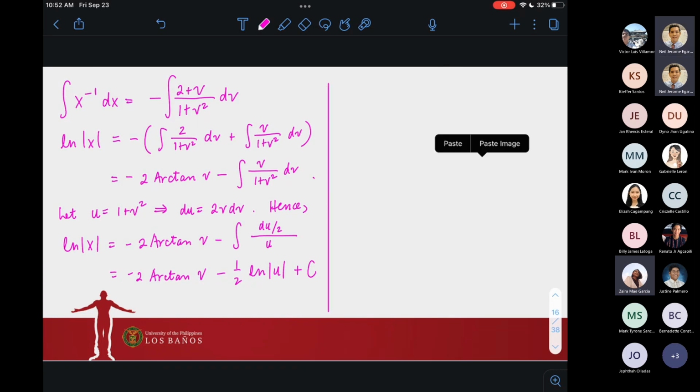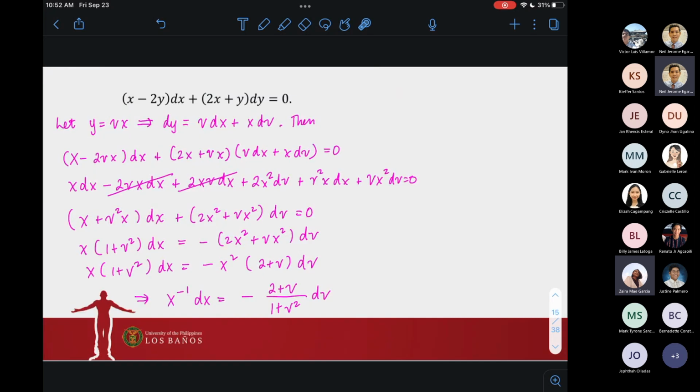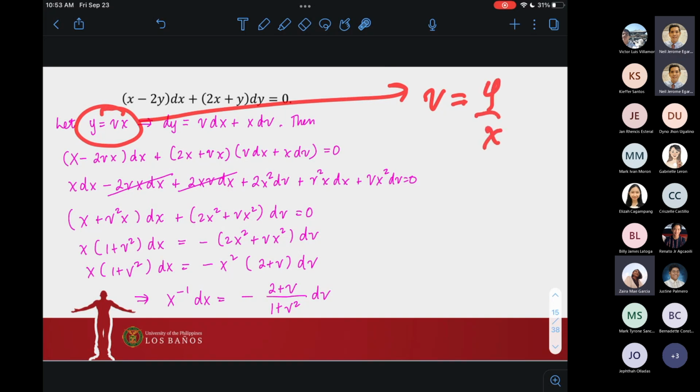Okay. Meron na tayong ln ng absolute value ng x. So magre-revert lang ako pabalik sa variable y and x. So this will be negative 2 arctangent ng v, pero ang v ay, remember, si y ay equal kay vx, so that means v ay equal kay y over x.